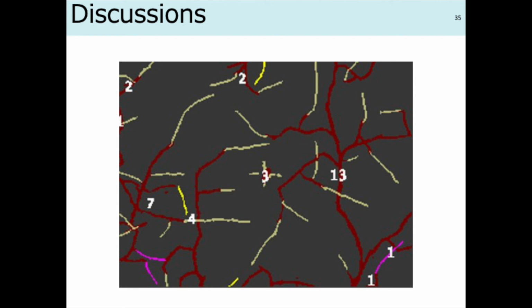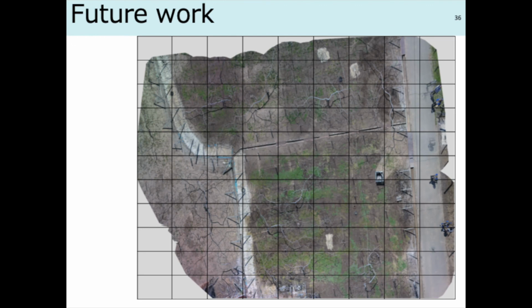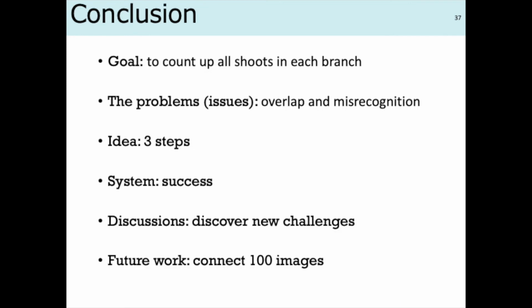This problem is a subject for future work. In this case, we were able to recognize with SegNet in a single image. As future work, we will collect 100 images and apply the system to them.